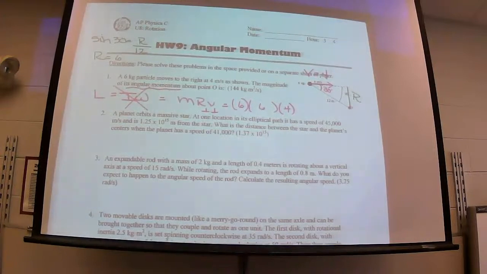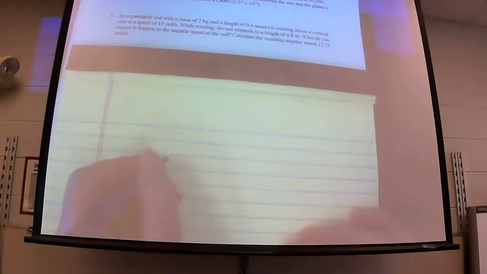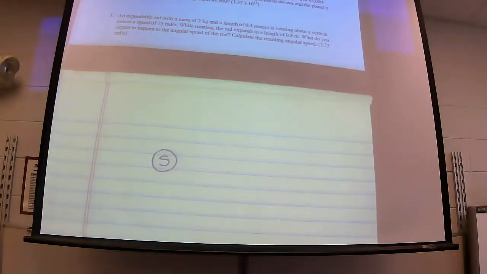All right, I'm going to read number 2, and I'm going to draw a picture as I do it. A planet orbits a massive star. So here's the star, like the sun. A planet orbits a massive star at one location in its elliptical path.